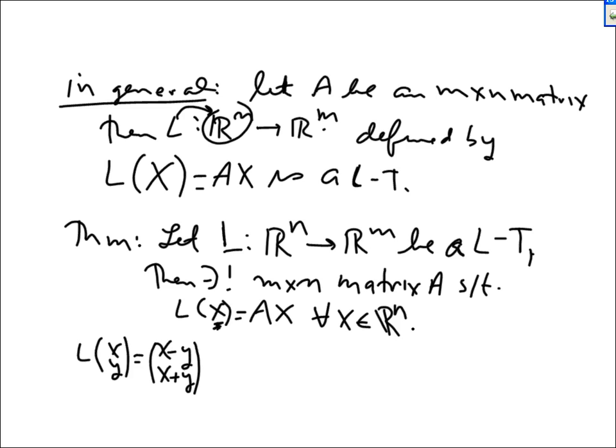Now, how do you find this matrix A? Your teacher will tell you to find L of the E's. Find L of E1, L of E2, and L of E3.